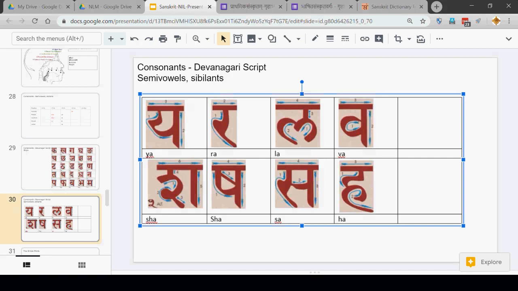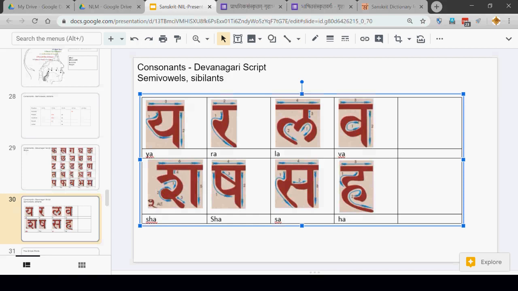And sha is again a palatal sound like ya, but when we are pronouncing sha, that warm breath comes out. For this last line, sha, sha, sa, ha, they are warm breath letters, called sibilants. Sha is palatal, sha is cerebral, similar to ra, cerebral like ta, tha, da, dha, na.